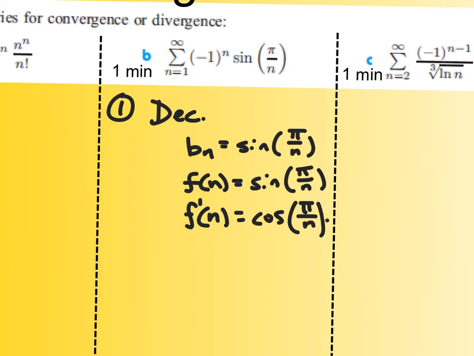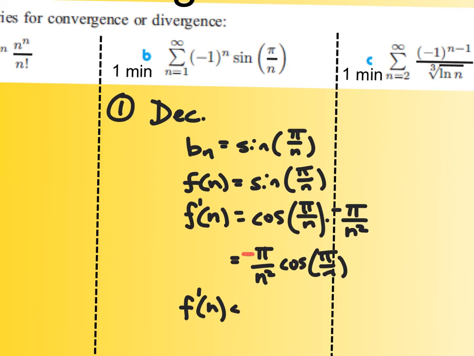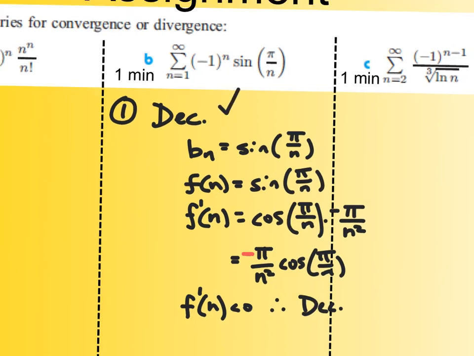Now this is where you might get sniped a little bit, but that would be negative pi over n squared. So the derivative is negative pi over n squared times the cosine of pi over n. Because of this negative right here, we know that f prime of n will be less than 0 and therefore decreasing. Okay, so part 1, decreasing, check.